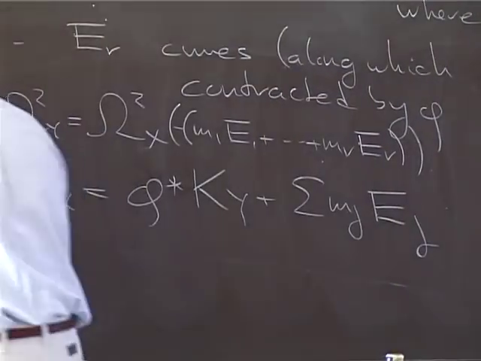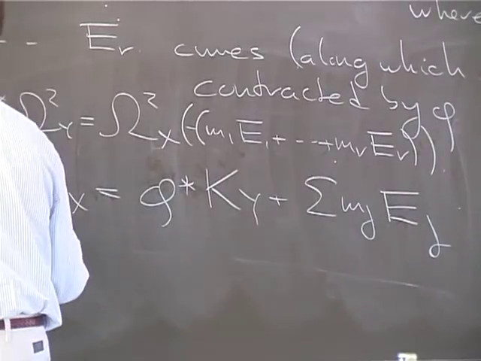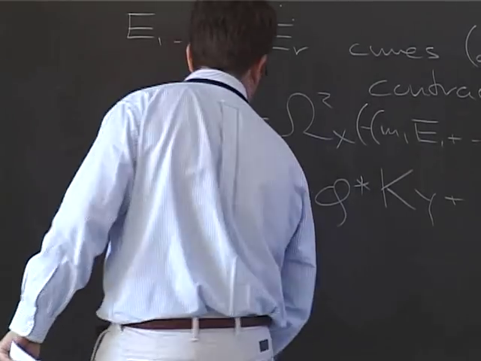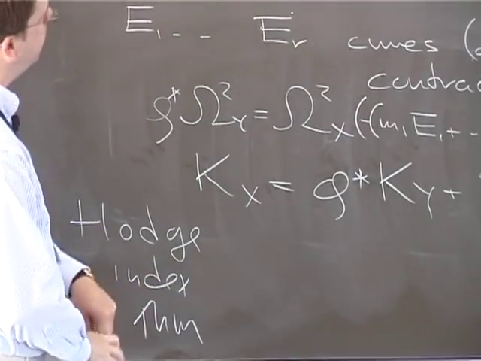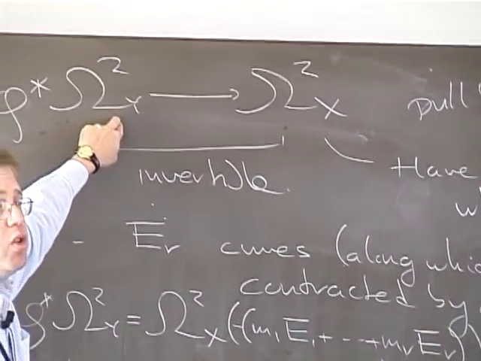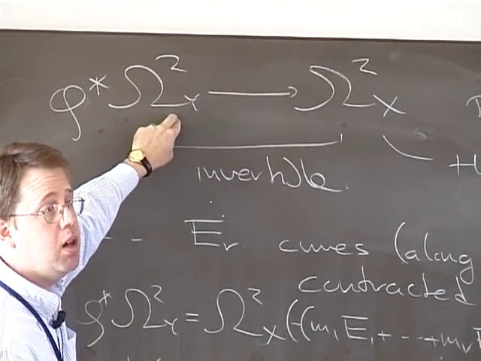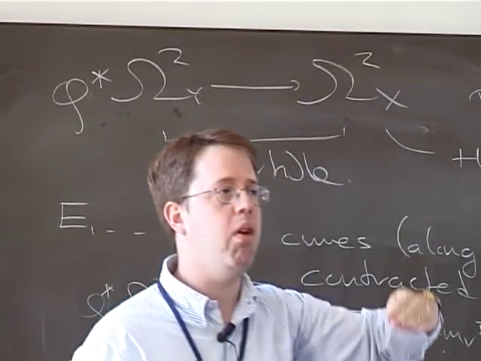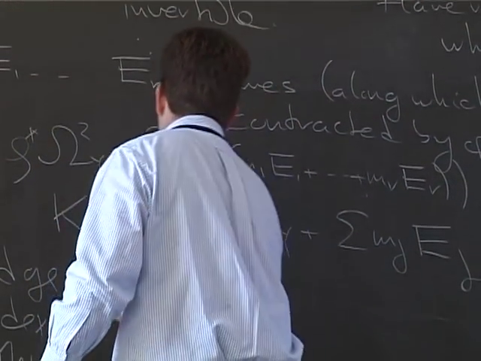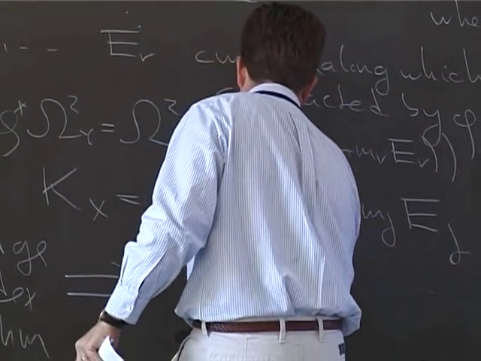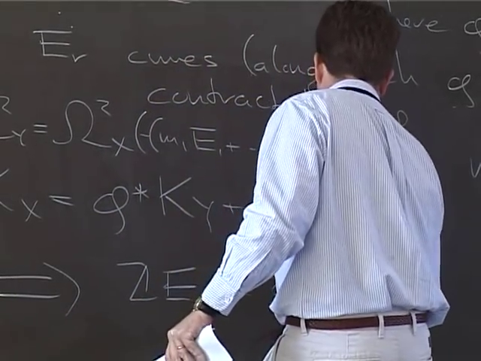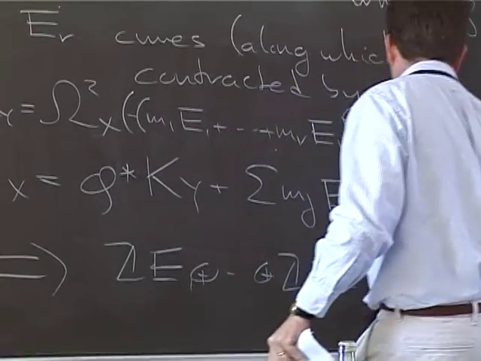So now I need to use something. We have the Hodge index theorem. What that says is that I have a whole boatload of positive divisors on Y; Y is projective after all. So anything that's exceptional for the morphism has to be negative. This implies that the intersection form is negative definite.